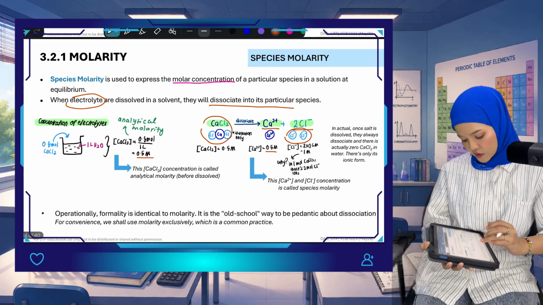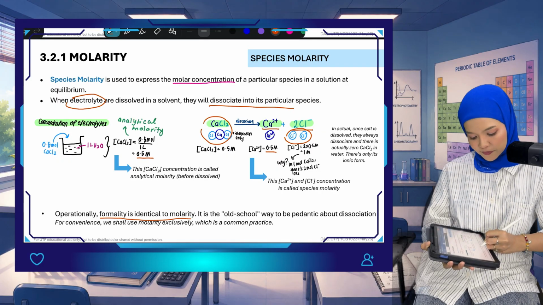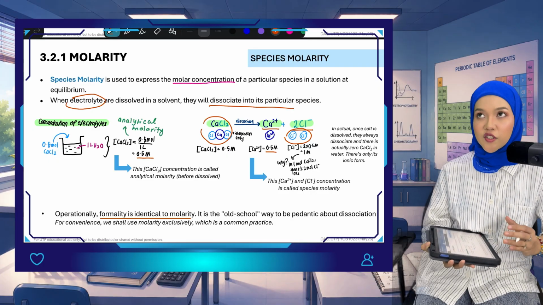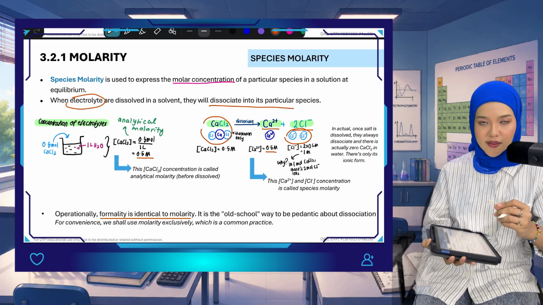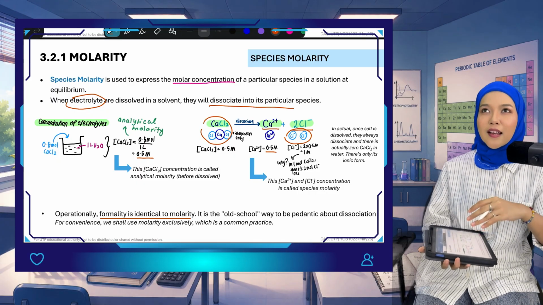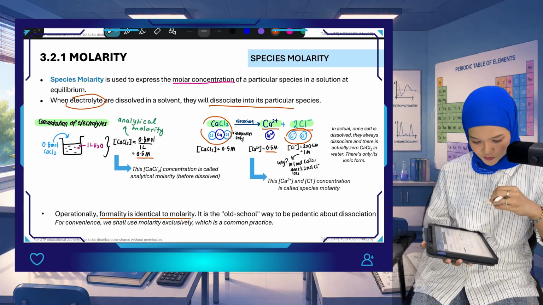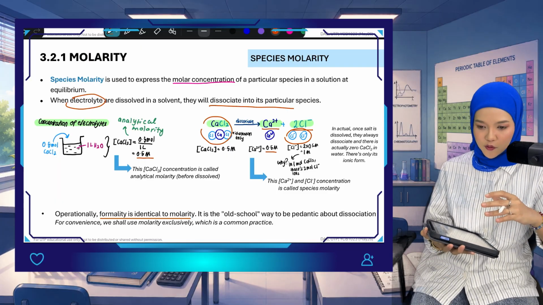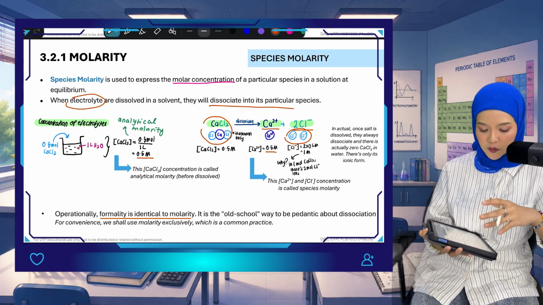Let me just mention to you here about formality. Operationally, this analytical molarity is what we call formality. But I would say that this is just the old school way for us to be pedantic, or to be clear about dissociation.